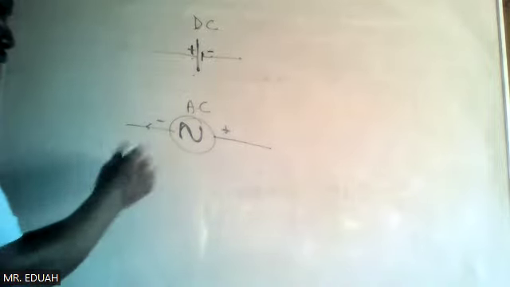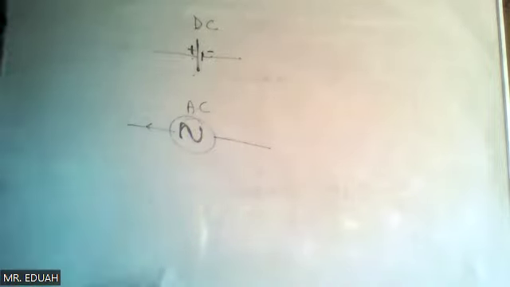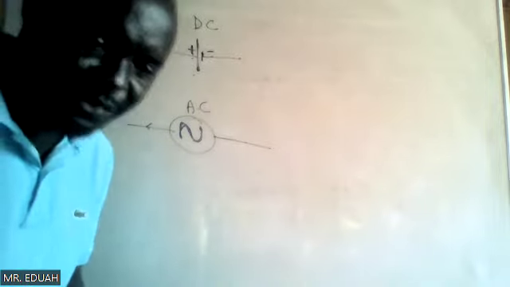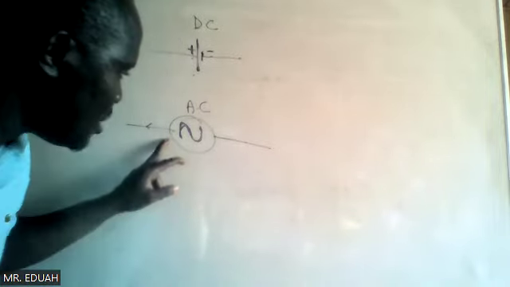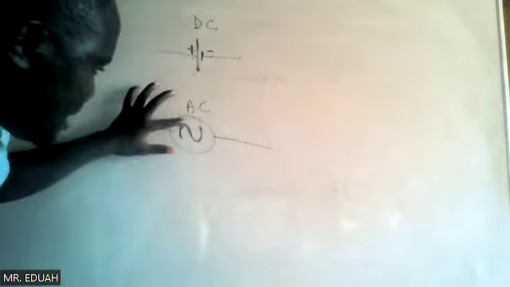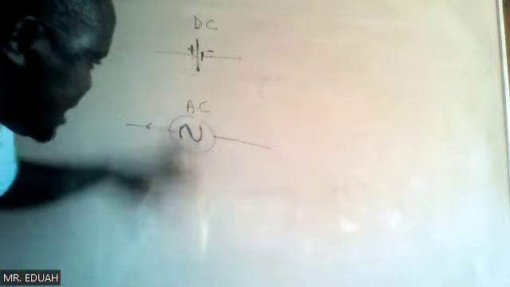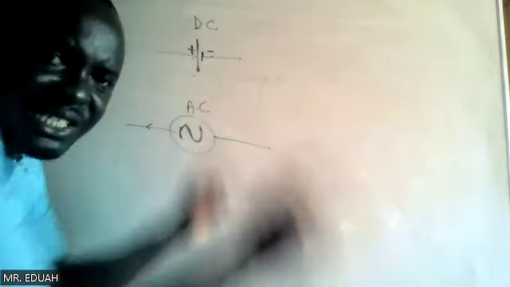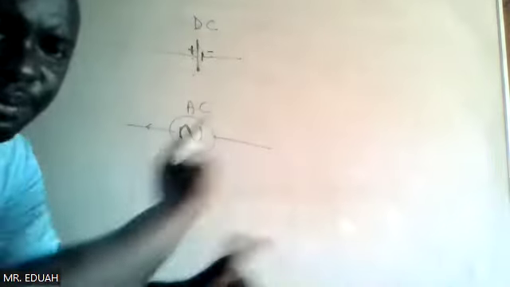So you can't indicate any of them to be positive or negative, because at a given time it is positive, at another time it is negative, and it changes every time.